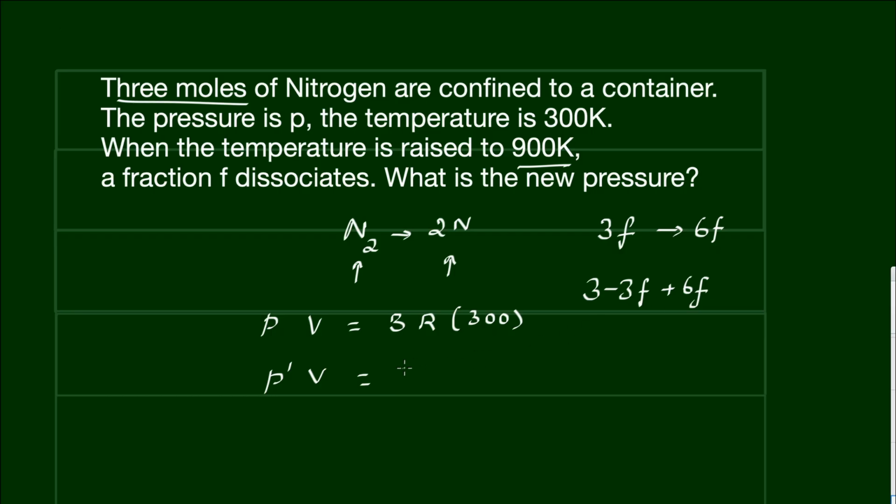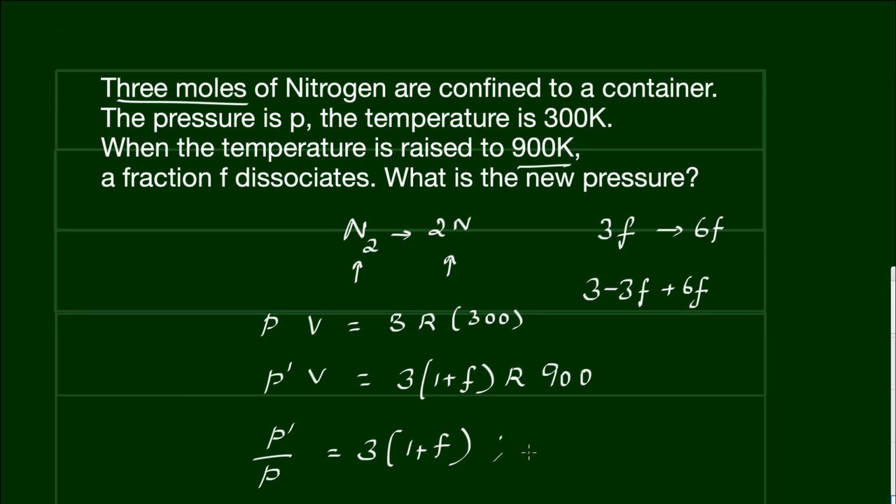So the number of moles is 3 plus 3f, so 3 times 1 plus f, times R times 900. That's the temperature now. So from this, if I divide the second equation, P prime, by the first equation, V cancels, 3 cancels, R cancels, 900 by 300 is 3 times, I am left with 1 plus f.